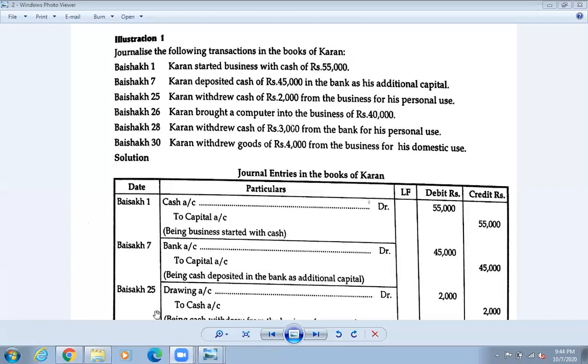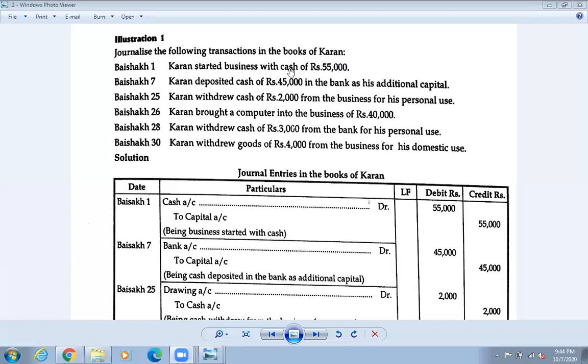That means you are the office wala. You are working in Karan Enterprises company. Now you are the accountant of Karan company. So Karan started business, that's the capital, with cash of rupees 55,000.